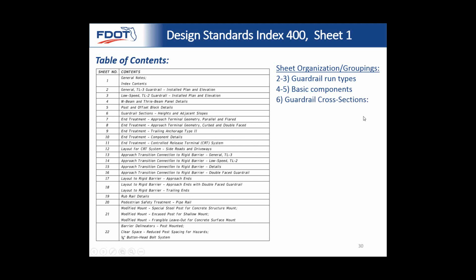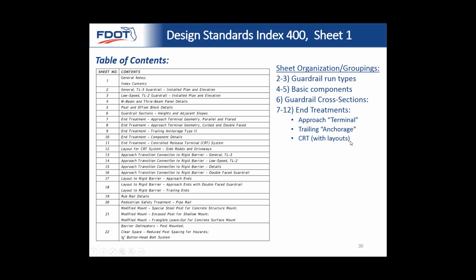Sheet 6, we consolidated all of our Guardrail cross sections onto one sheet to explain all the different grading requirements and the heights and how everything looks depending on various situations. Sheet 7 through 12, we have the end treatments that are broken down into approach terminal, trailing anchorage, and CRT.